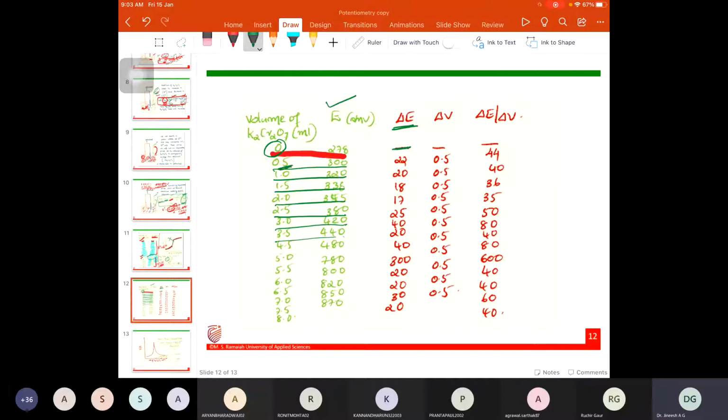For 0.5 ml, now the potential is 300. You subtract the before value from this 300 and write it here. 300 minus 278, 22. Got the point?